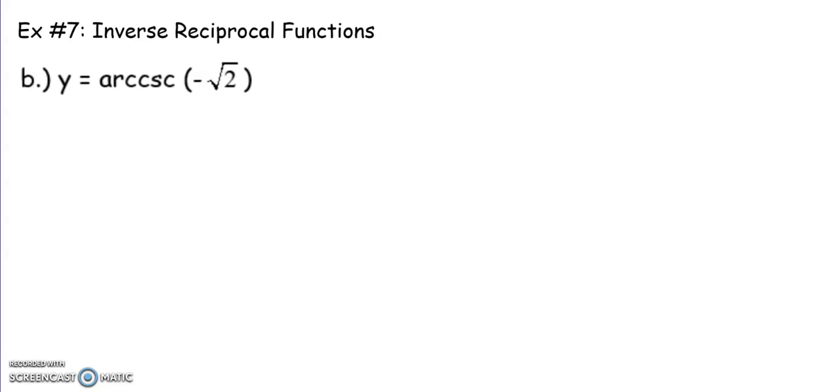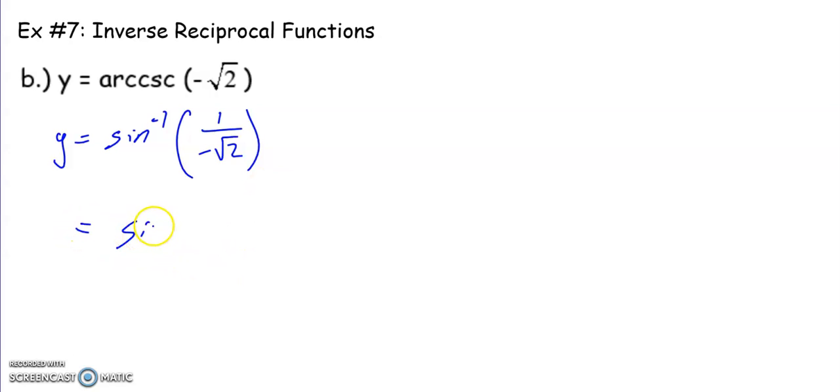And then we're going to do arc cosecant. Arc cosecant goes with sine, and then we're going to find the reciprocal of that. Well, if you're looking at our unit circle, this doesn't exist on our unit circle because we need to rationalize that denominator. So we are going to find the arc sine. It's going to stay negative. Bring the radical to the top.